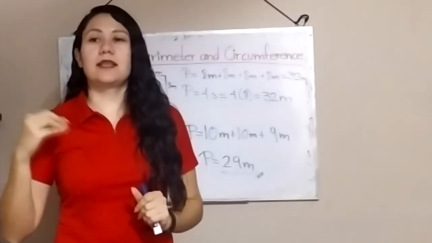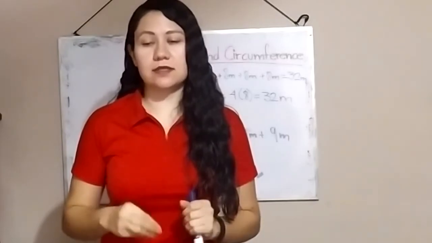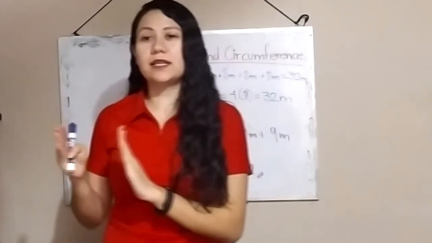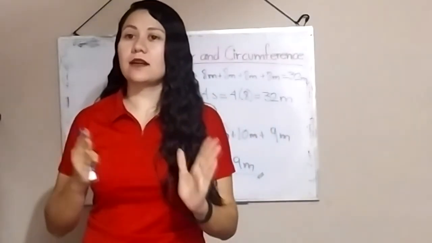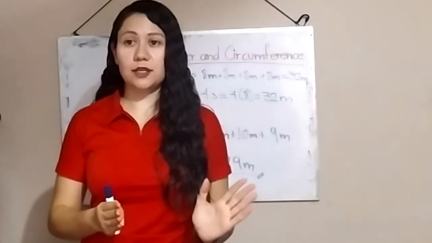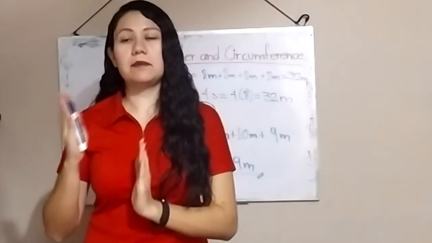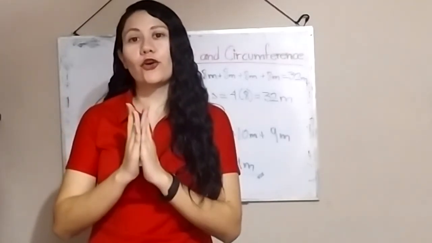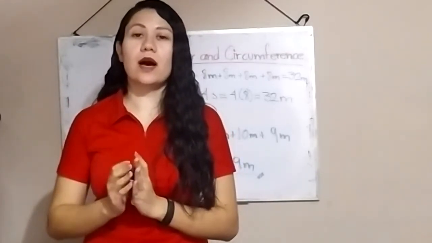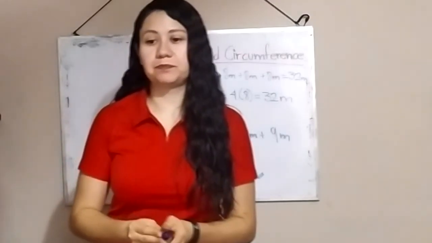Now, the next kind of exercises are asking us to find a dimension. They are giving us the perimeter, and we have to find a missing dimension. For this, we do have to use the formula.